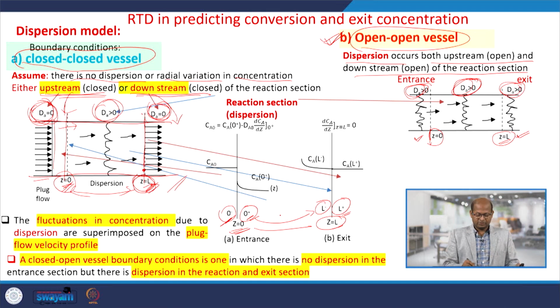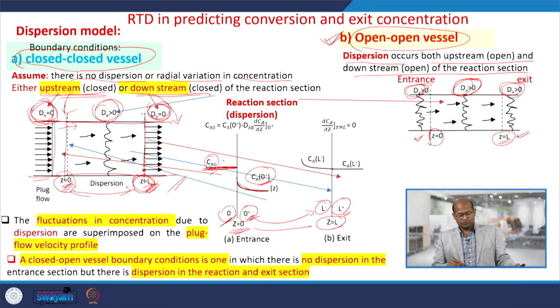Therefore, here the concentration C_A is a horizontal straight line, the same everywhere up to this point, but once it enters, the concentration changes due to the dispersion. So, we express the concentration as C_A at 0 plus once it crosses 0 plus, and here it is just before entering.